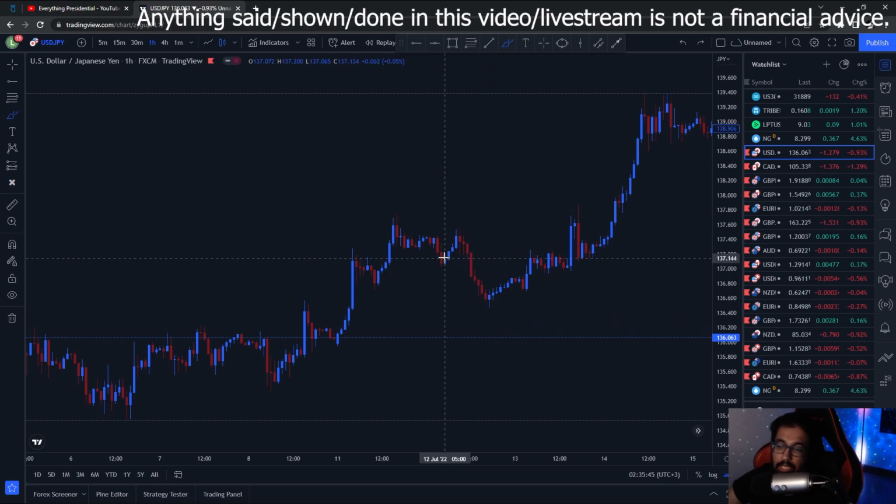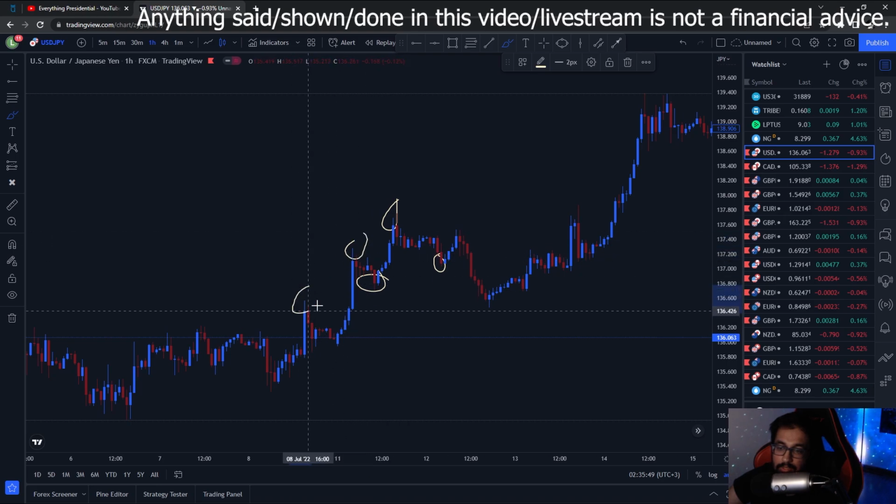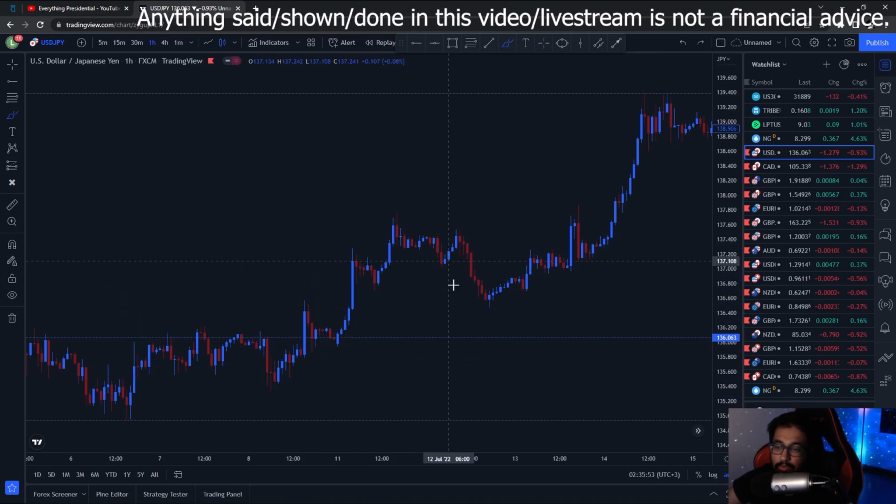Up until this point, the market was making higher highs and higher lows. Over here, everything changed with this new low. It broke the previous lows, broke this support, and formed a new low. So this indicates that there is a shift in the market structure.